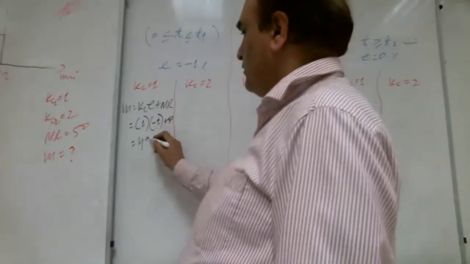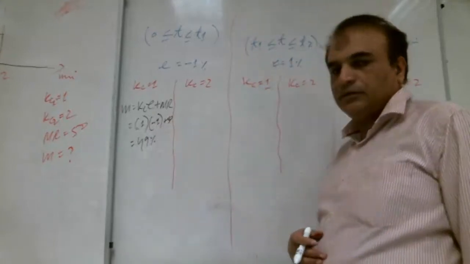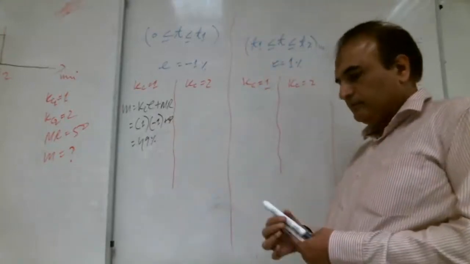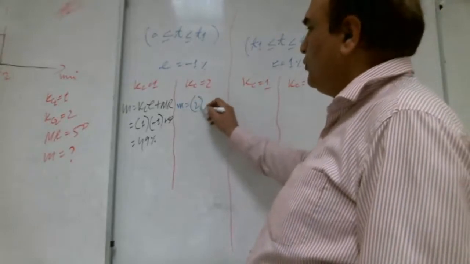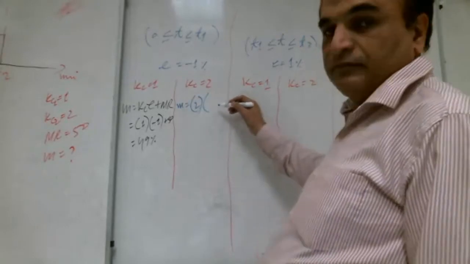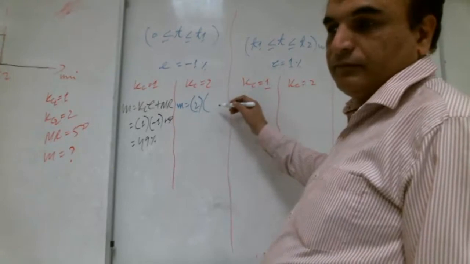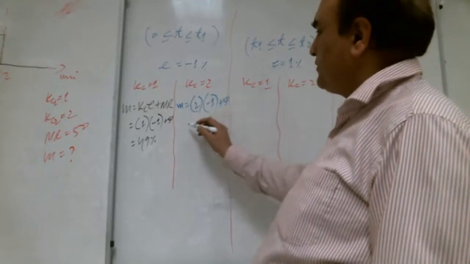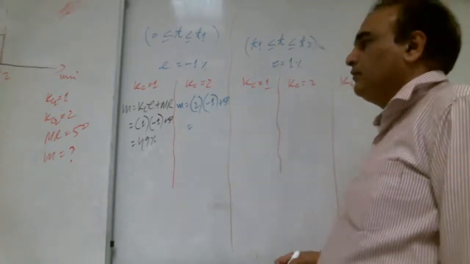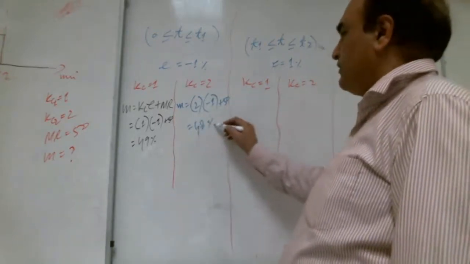How much? 49%. Here the output with KC2: error how much? -1, plus MR 50. How much? 48%.